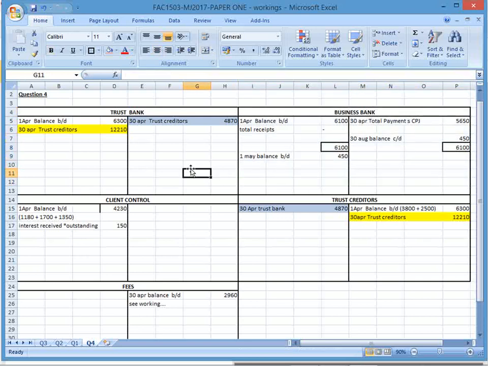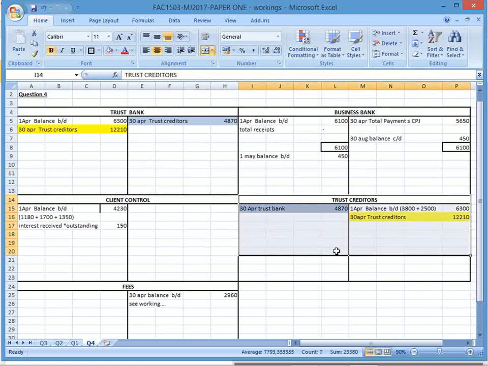With the trust bank account, do you agree the trust bank account is representing how much the owners have in the actual business? And the trust creditors represents how much we've collected from them. So the trust bank account is looking at the funds sitting in the actual account that can be used for distribution.